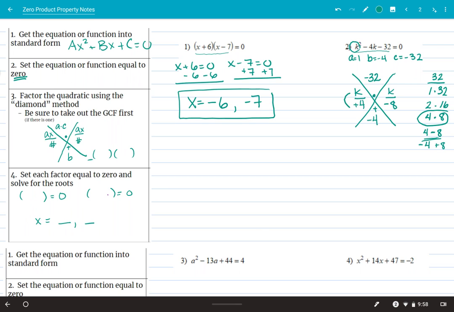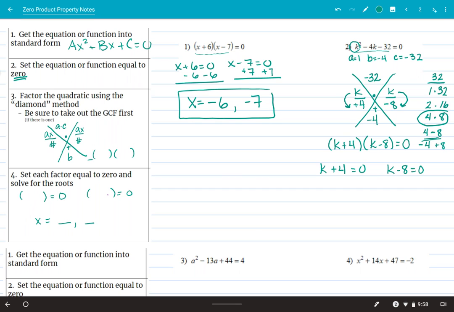Read it from top to bottom. And read it from top to bottom. And remember, this time we're equaling it to 0. And what we're going to do is set each one equal to 0. And I think you guys get the idea.